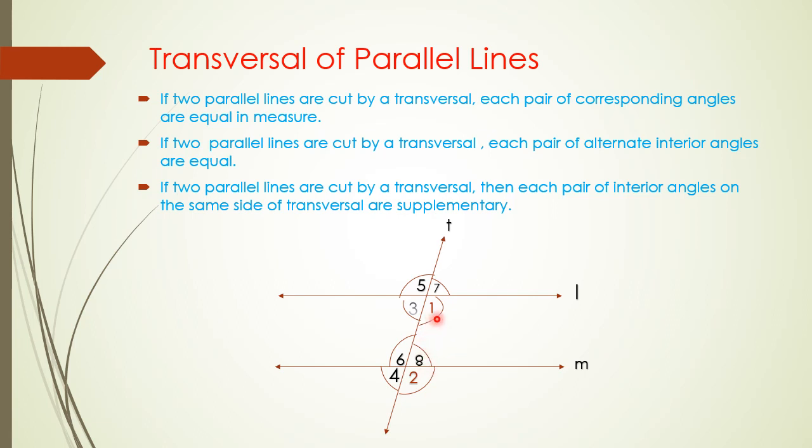In the example angle 1 is 110 degrees and this is 70 degrees. So adding them we get 180 degrees. So when two parallel lines L and M are cut by a transversal T, we get corresponding angles that are equal, and alternate interior angles also of equal measure. And the last point, interior angles on the same side of the transversal: 3 plus 6 is 180. Similarly 1 plus 8 is also 180. They are supplementary. Okay, children?